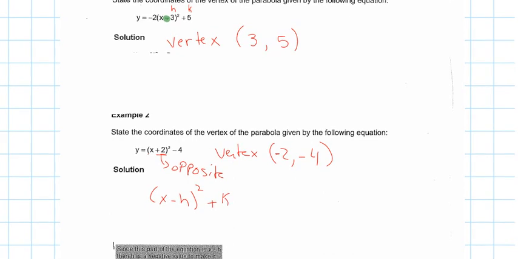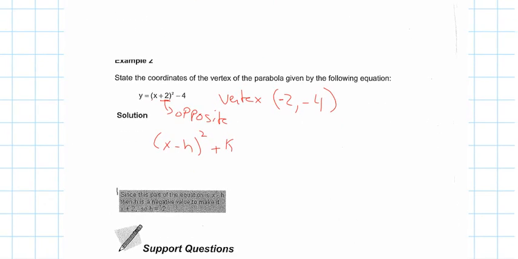My h is negative 2. So if I plug in negative 2 for h, I get this: (x minus negative 2) squared plus k. Yeah? What's minus and negative right after each other? Positive. So that actually goes as (x plus 2) squared plus k. You see why? Because you have the negative and the negative, right? So instead of putting the bracket, I actually multiplied that negative by the negative to make it positive.